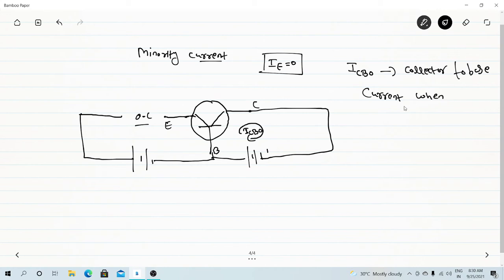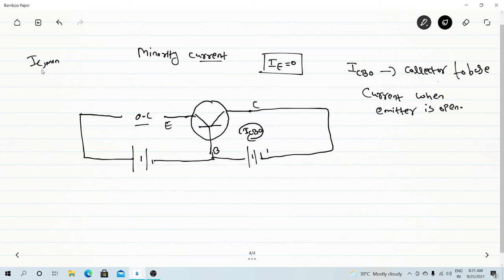So collector to base current when emitter is open. So this is ICBO. This is basically in the output section, and we are trying to understand the minority current, and that is basically this IC minority.